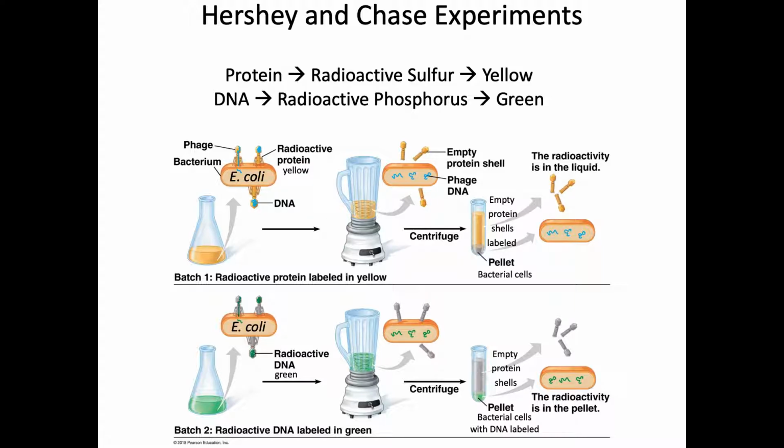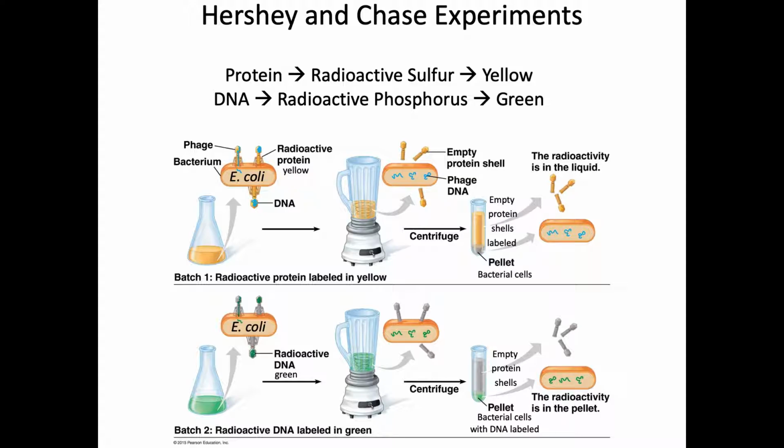They radioactively labeled the sulfur to glow a bright yellow color. They allowed the virus to infect the bacteria, and then they put it in a blender to agitate it so that the protein coats would detach from the host, the bacteria.